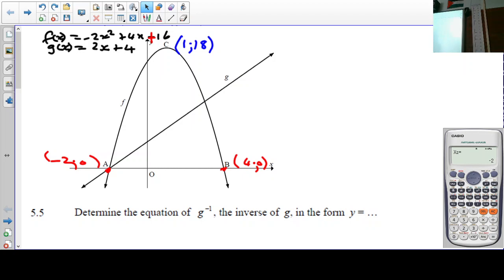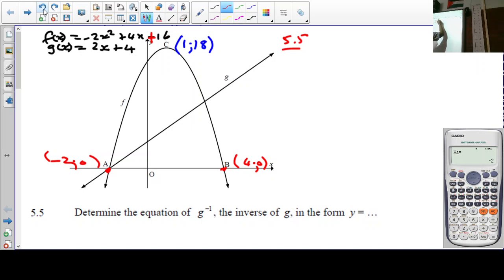In question 5.5, the question says, determine the equation of the inverse of g in that form. How do we calculate the inverse function? Remember, that is g. You interchange x and y.